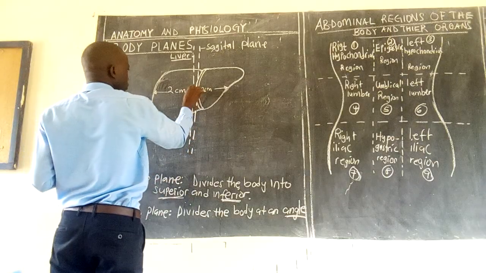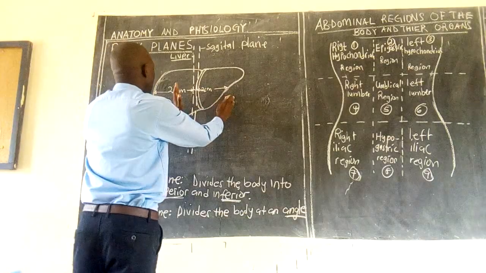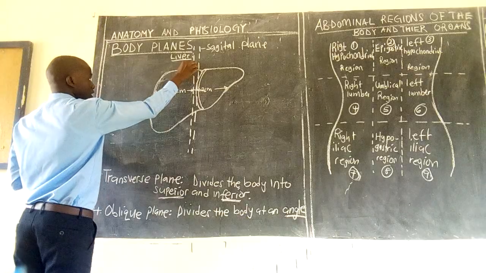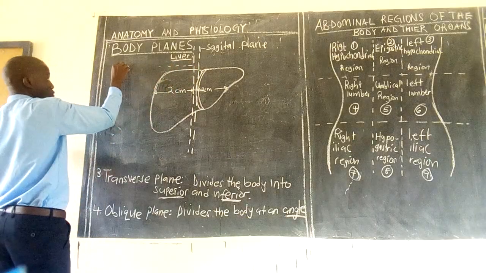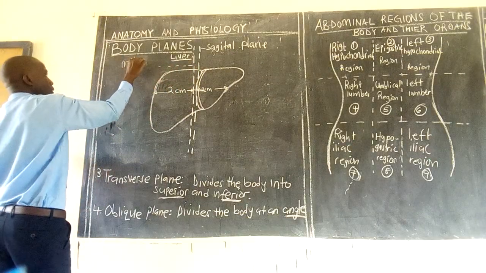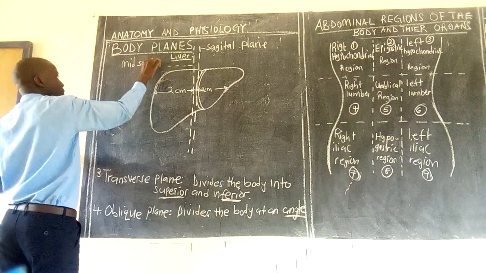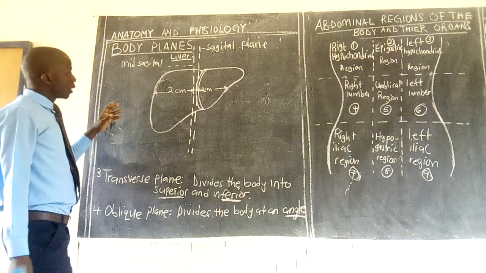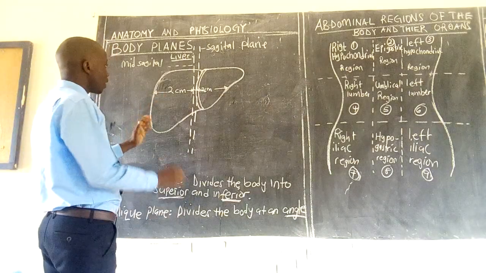So I have 2 centimeters this side, and I have 2 centimeters this side. That line that does that in two equal parts, we call the mid-sagittal plane.